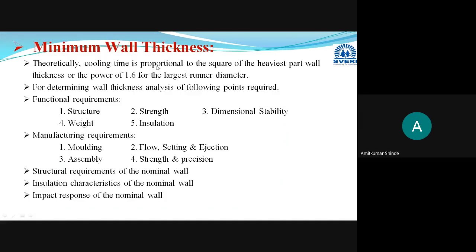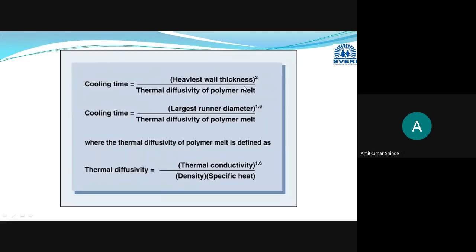Theoretically, cooling time is directly proportional to the square of the heaviest part wall thickness, or the power of 1.6 for the largest runner diameter. This is the second formula I have taken here.